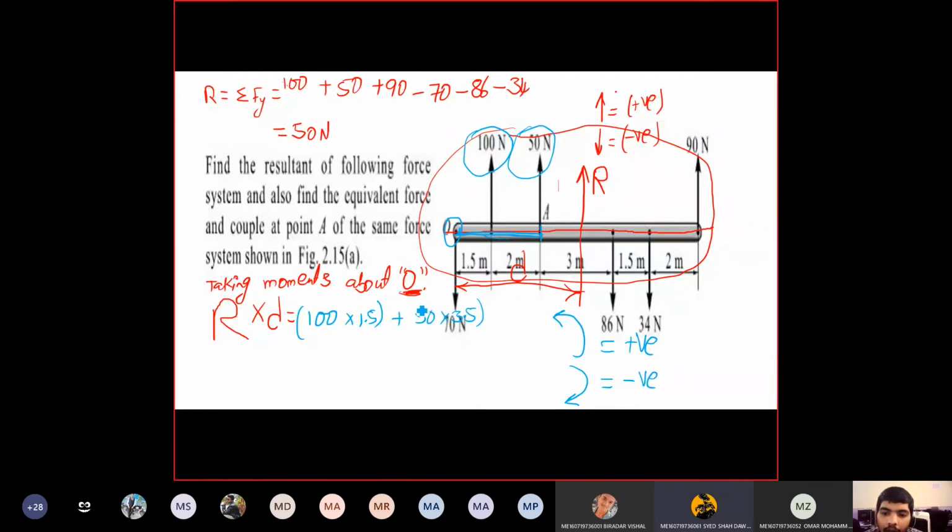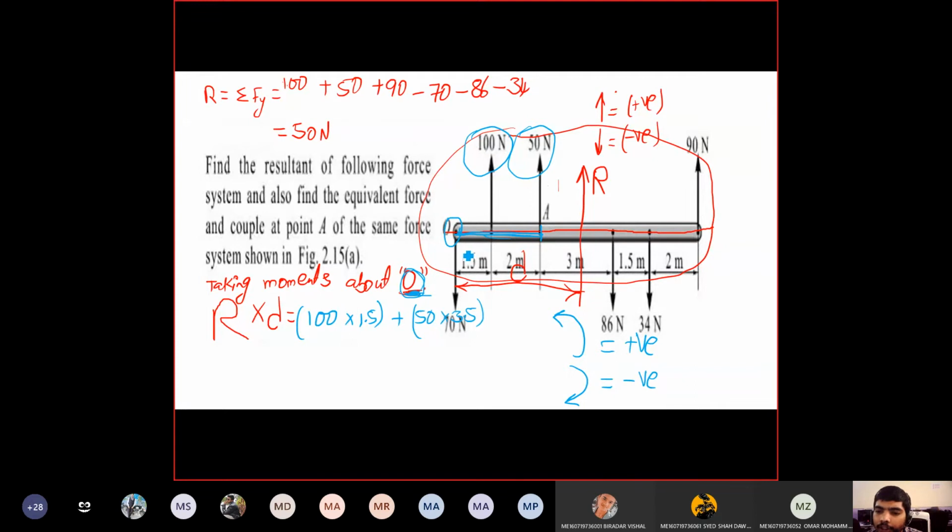Why 2, sir? Our intention is to bring the moments about point O or somewhere else. Point O, sir. So I want to bring this 50 Newton about O point, then how much does it have to travel? It has to travel 3.5 meters.